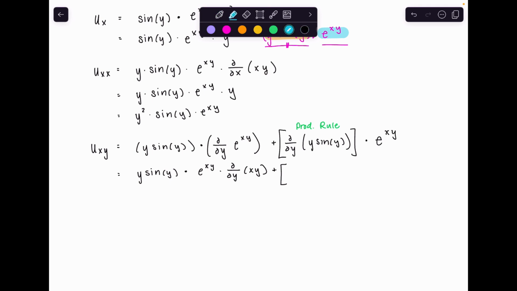So I've got two separate functions. I've got y, and then I've got sine of y. So going through my product rule, I keep the first, and then I'm going to have to take the derivative of the second. And then I add derivative of the first times the second.